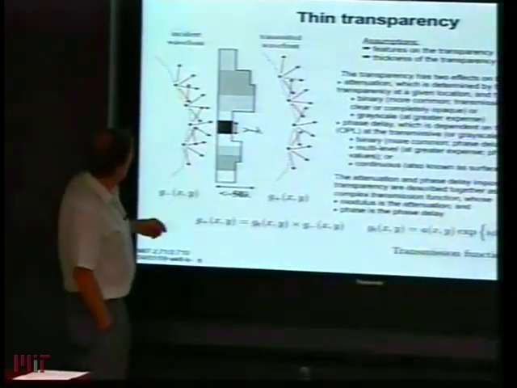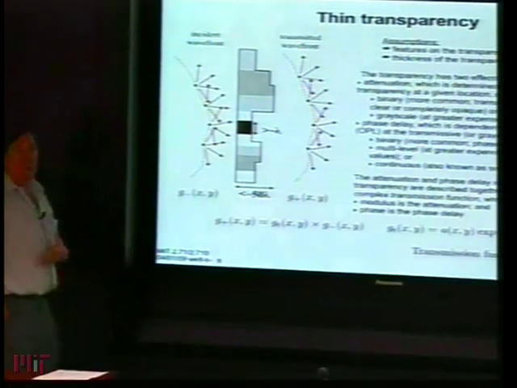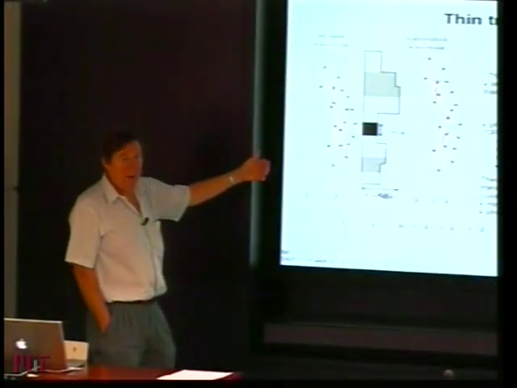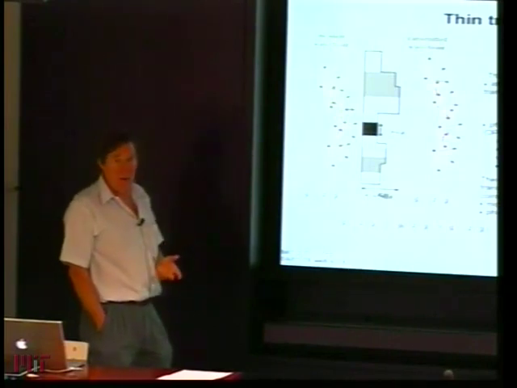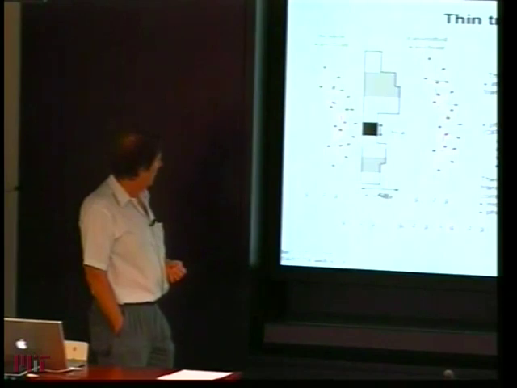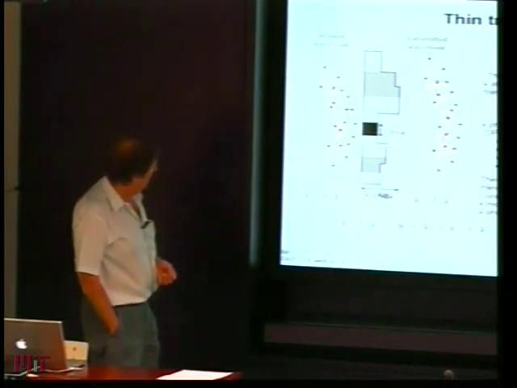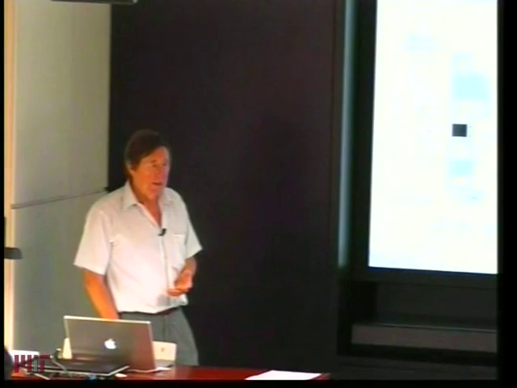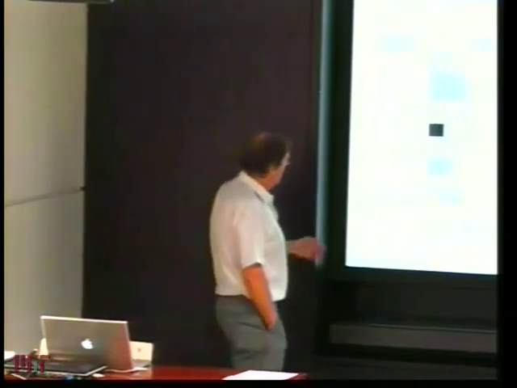So you have to work out, just like before, the optical path as the light goes through this structure, and it might change both the amplitude and the phase of the light. We can think of this thin transparency as just having a sort of multiplying effect if it's thin enough.